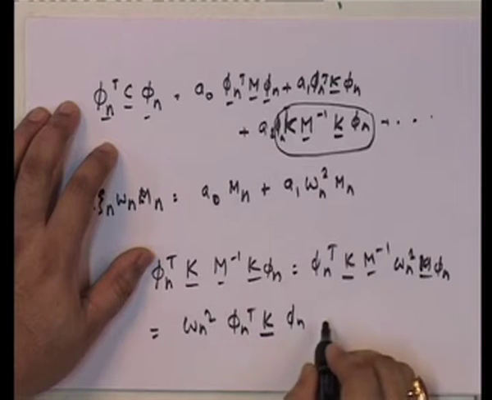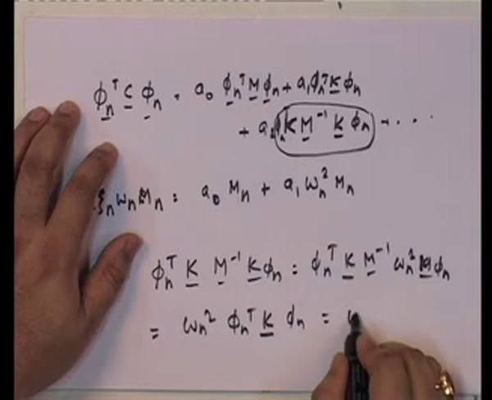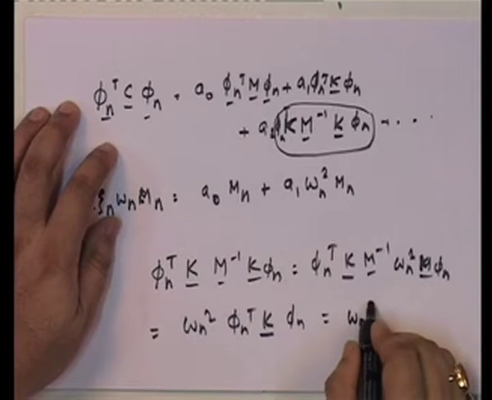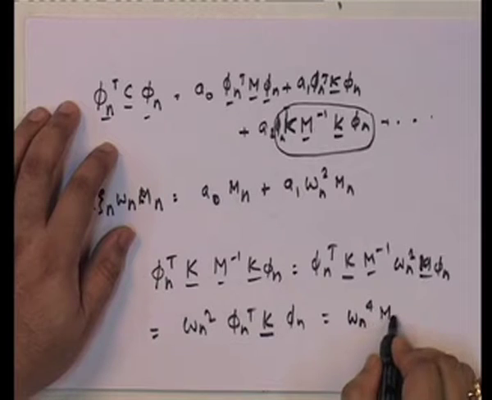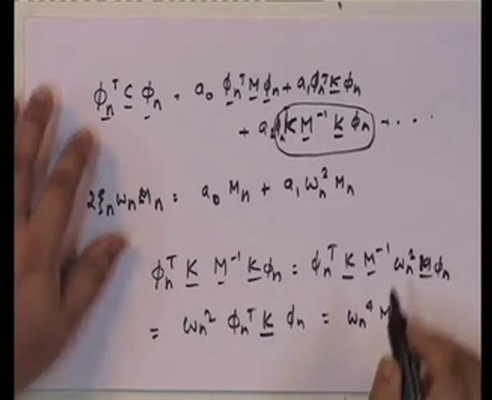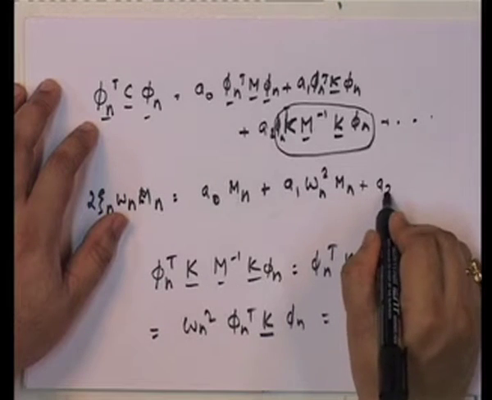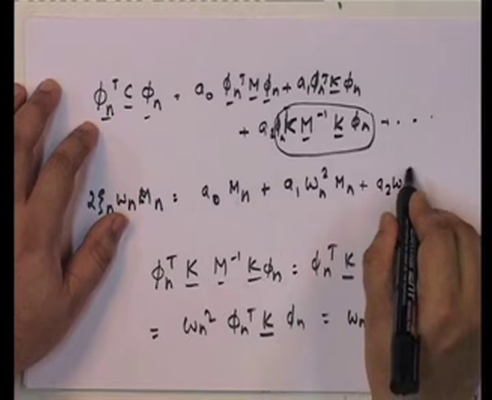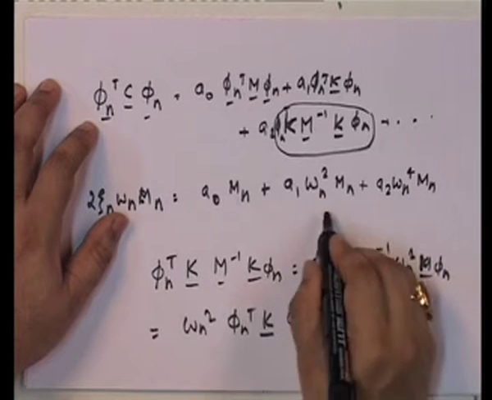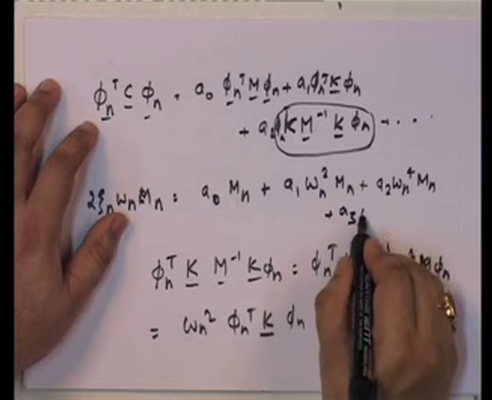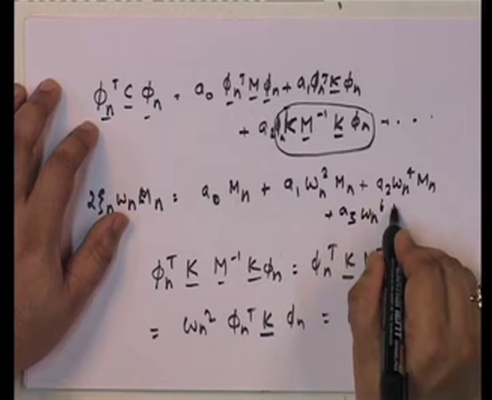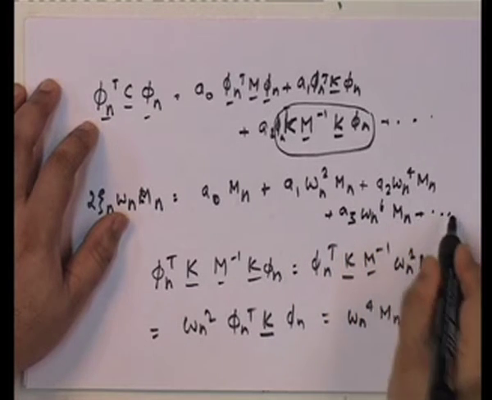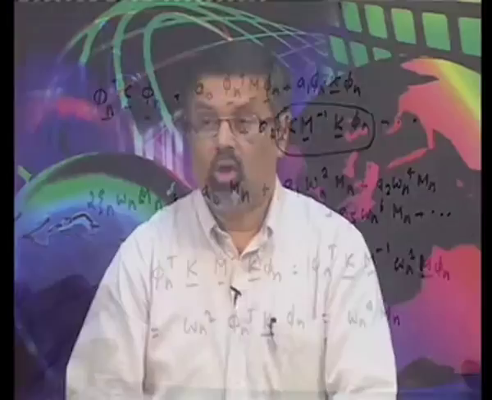So, this is equal to omega n fourth mn. So, this becomes A2 omega n fourth mn, and in this way you can show that this is equal to omega n sixth mn and so on and so forth.